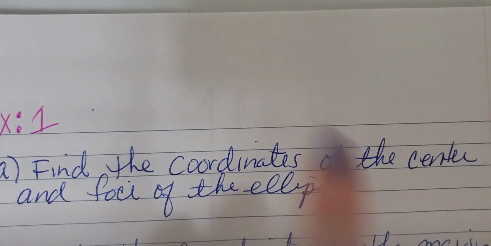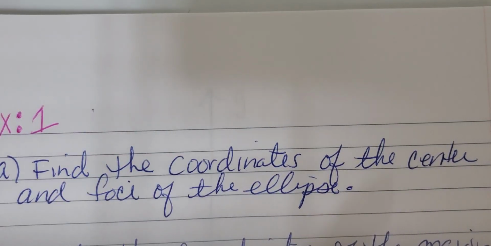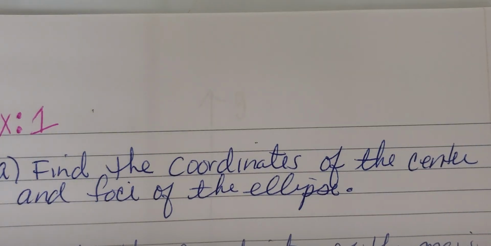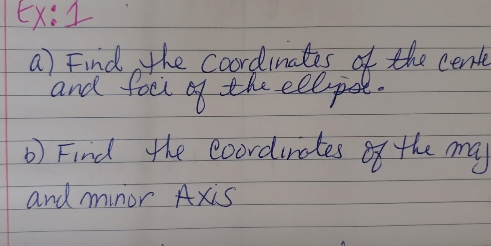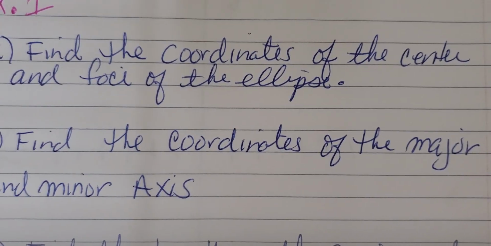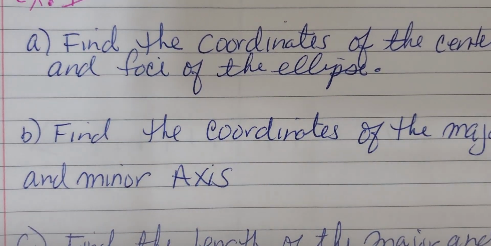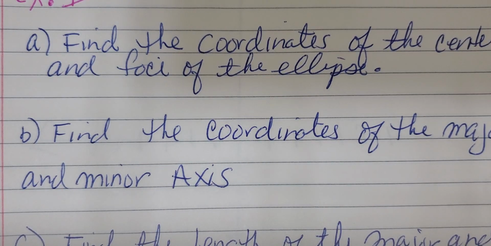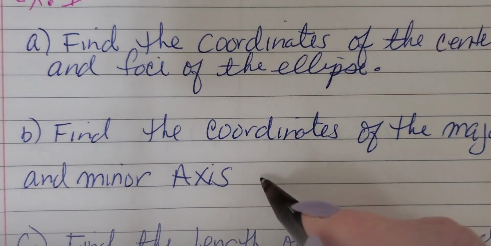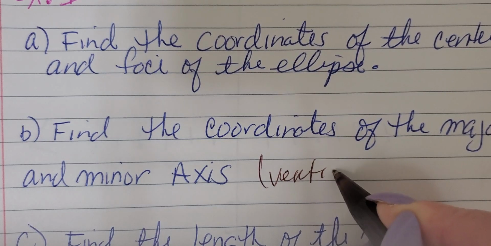You know how I made you move the circle? Well, ellipses can move, but I'm not going to move the ellipse, okay? I'm just going to keep it at the origin. Then we're going to find the coordinates of the major and minor axis. Those will be actually the vertices, okay? Another name for that is let's find the vertices.